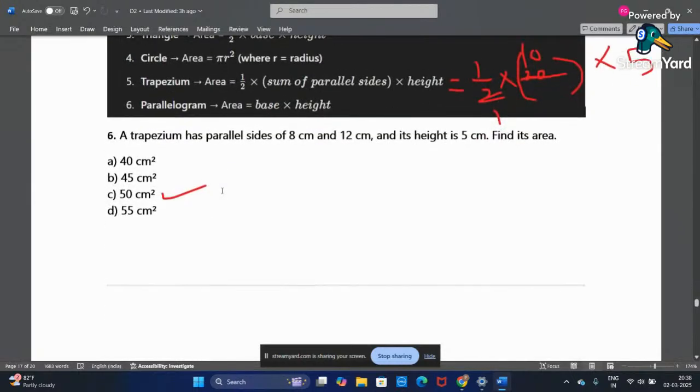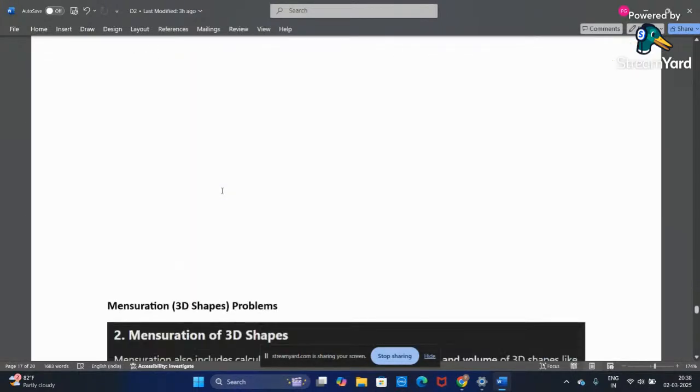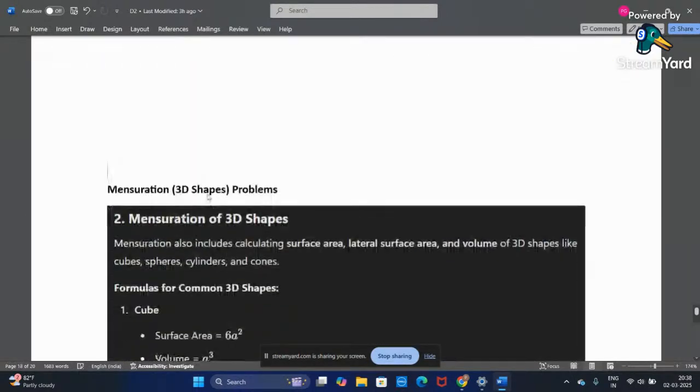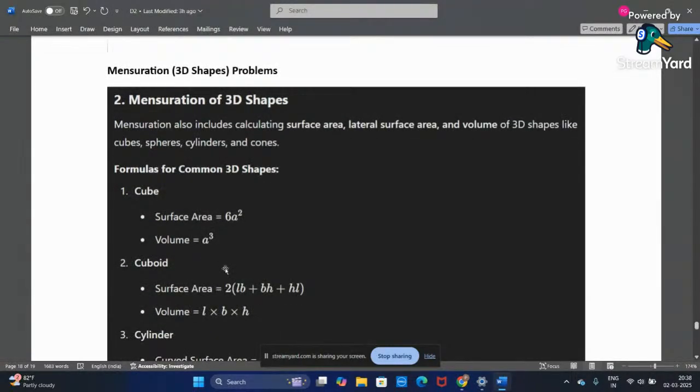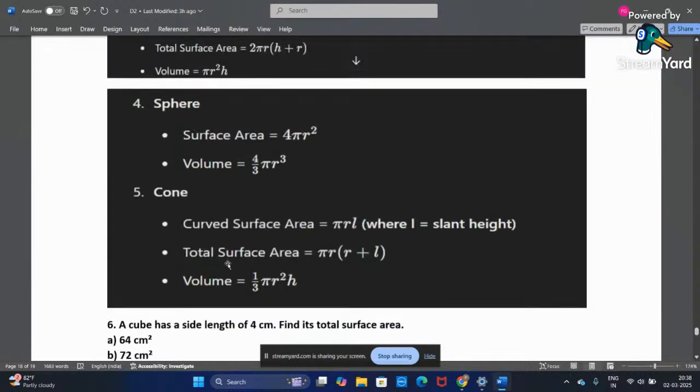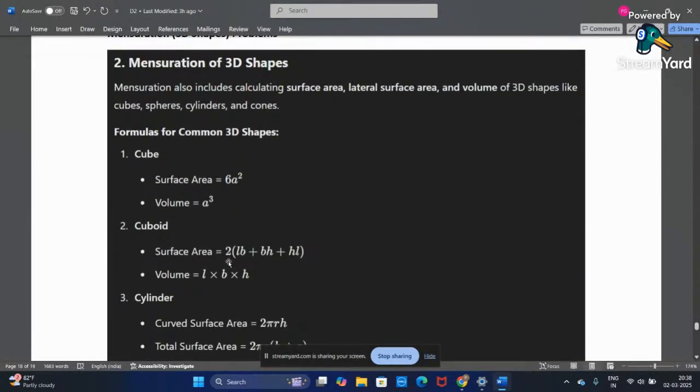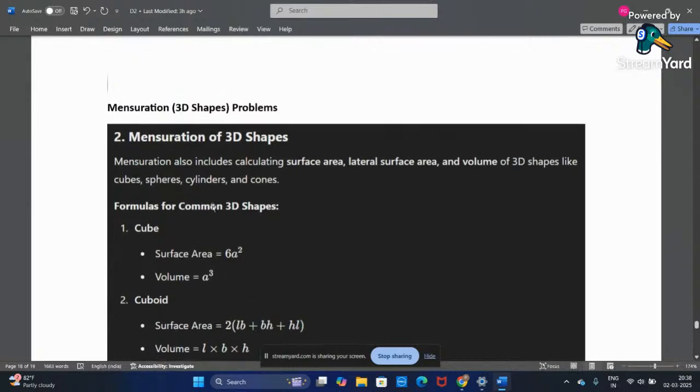Okay, next we'll move on to mensuration. These are the problems. First, take a picture of this formula. Based on this formula, we'll solve the problems. Mensuration, we'll find it in 3D shapes like cube, spheres, cylinders, and cones.